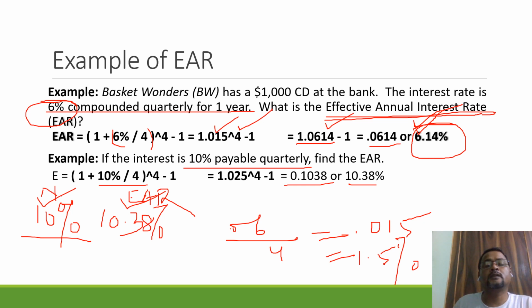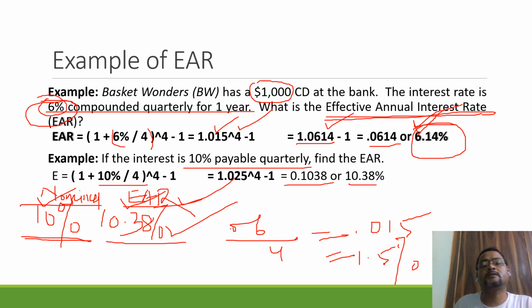Your nominal rate is still 10%. So you can see we can calculate the effective annual interest rate from the nominal rate. If the number of compounding periods is more than 1, your effective annual rate of interest will be higher. You can use the formula (1 + i/n)^n − 1 to calculate EAR for any particular interest rate.